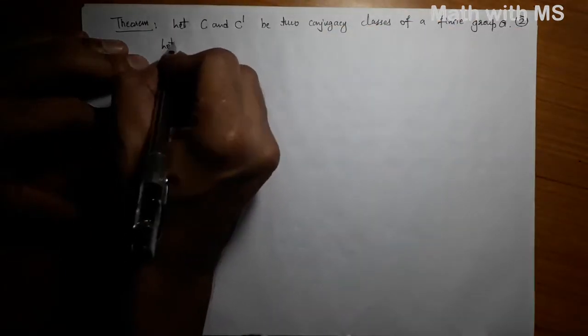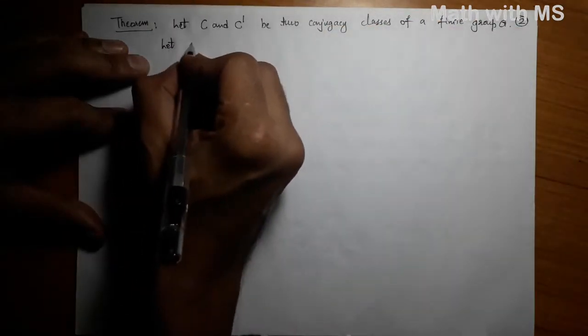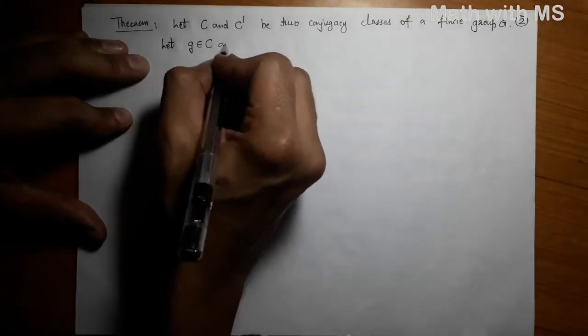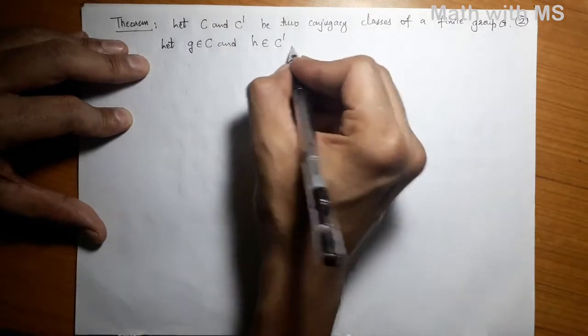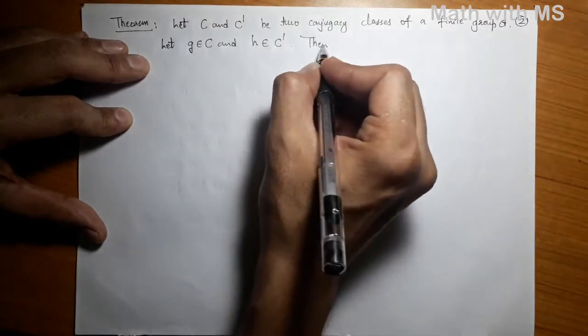Group G, and let us take 2 elements in these conjugacy classes. Let g belong to C and say h belong to C prime. Then we have the following.